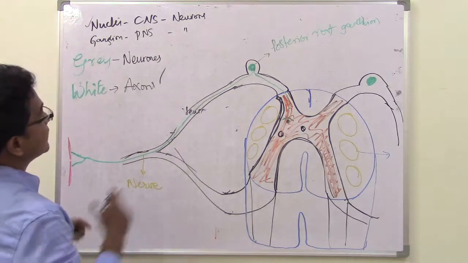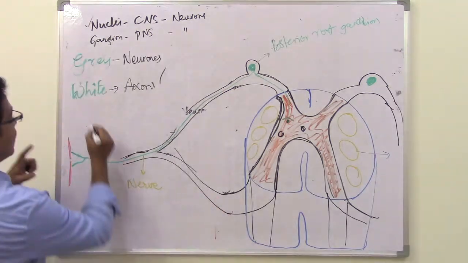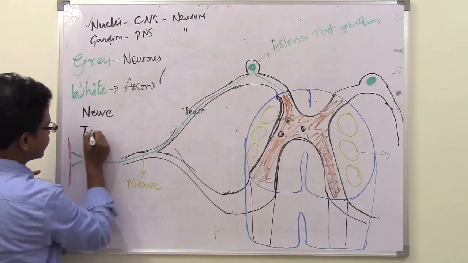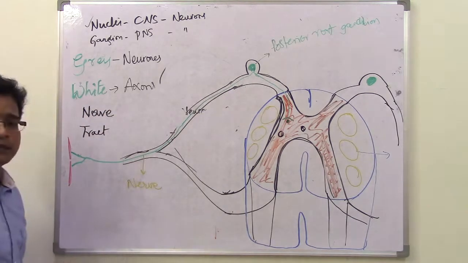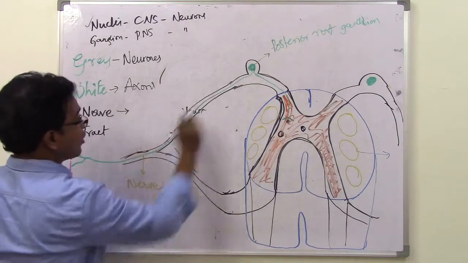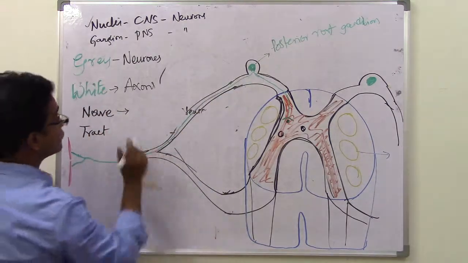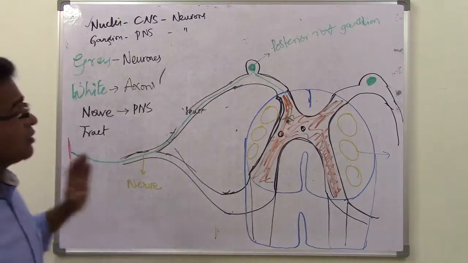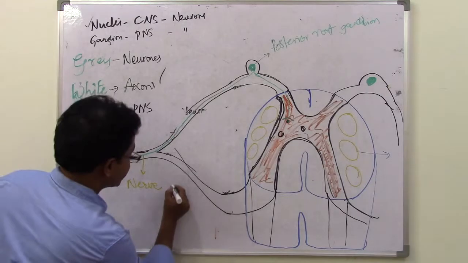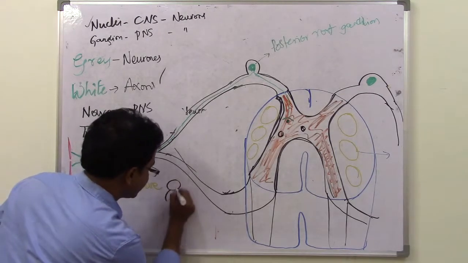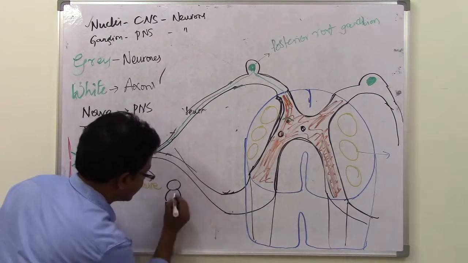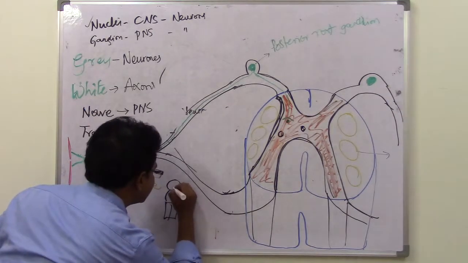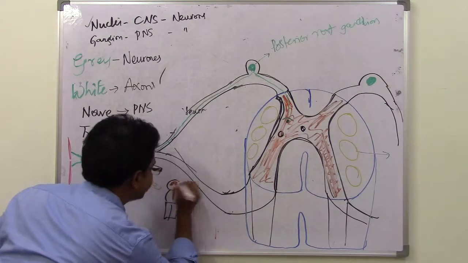Okay, and another most important thing, what is the difference between a nerve and a tract? We call this particular axon a nerve provided it is only in the peripheral nervous system. Got it? Let's say this is our guy again, and we have our spinal cord here going up into the brain.